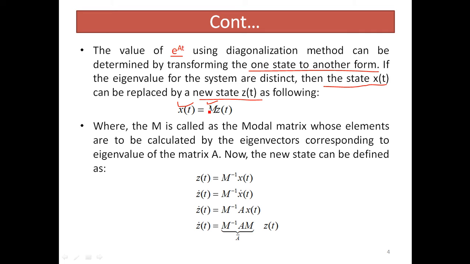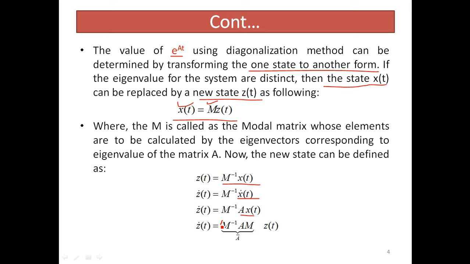So z t is equal to M inverse x t. If you take the first derivative of both sides, then z dot t is equal to M inverse x dot t. X dot t we have defined by the state equation as A x t, so you can write M inverse A x t. This x t is defined as M z t, so replace x t by M z t.